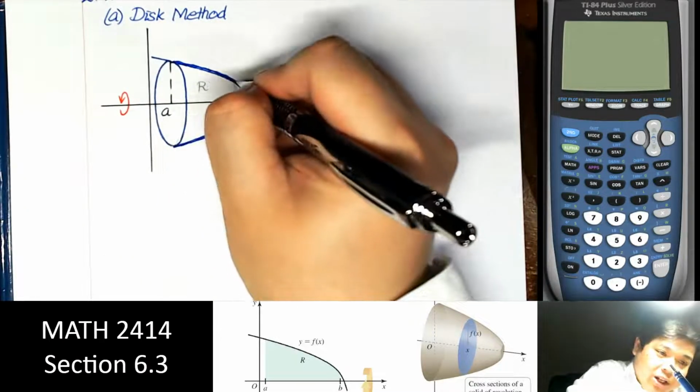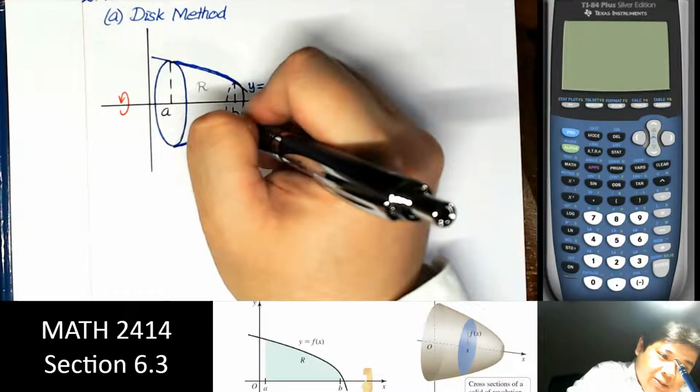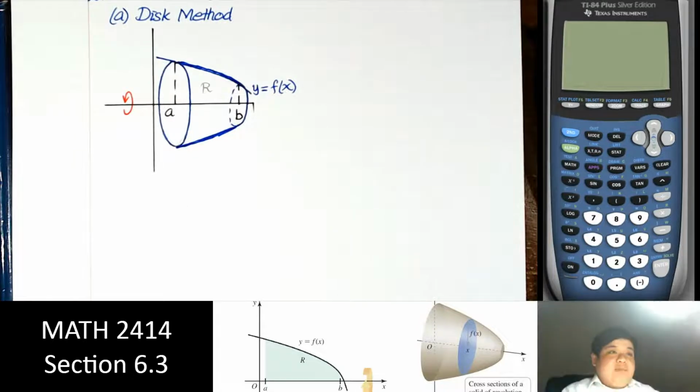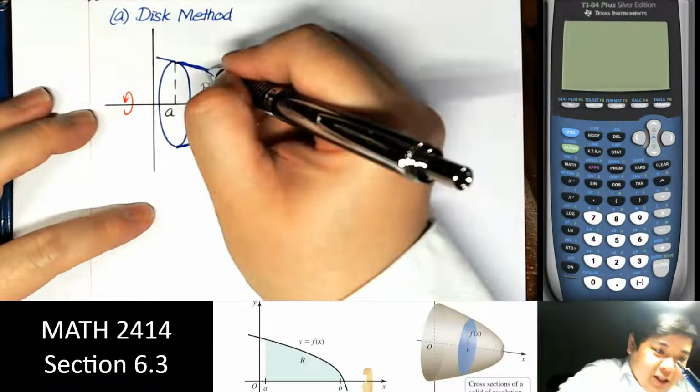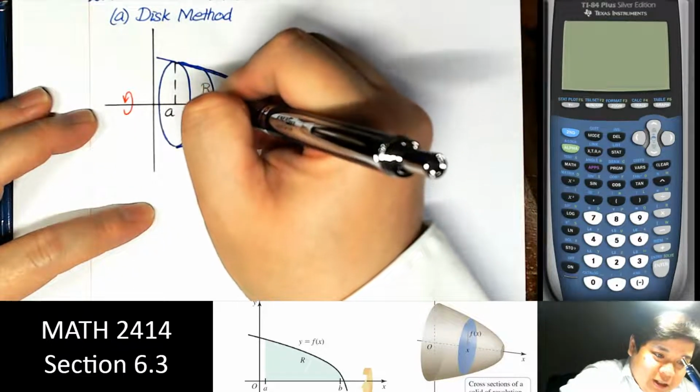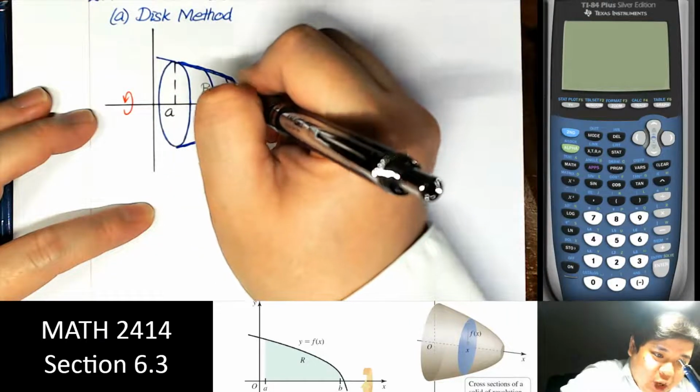Because we cannot really see the back of it, that's the best I can show. So we're talking about the bullet shape.